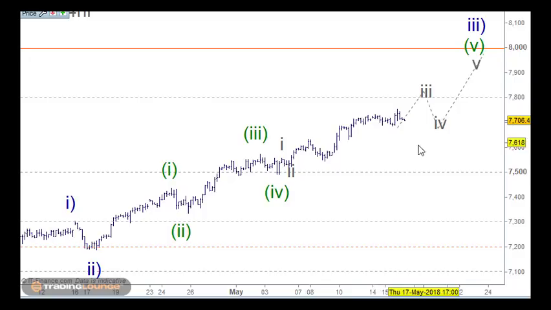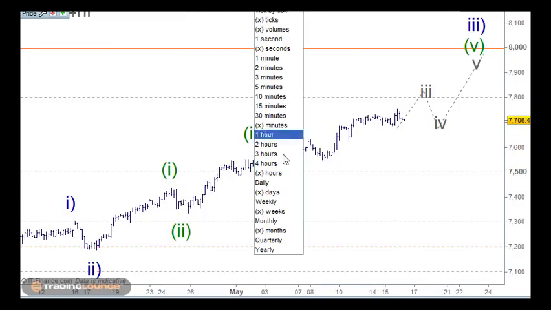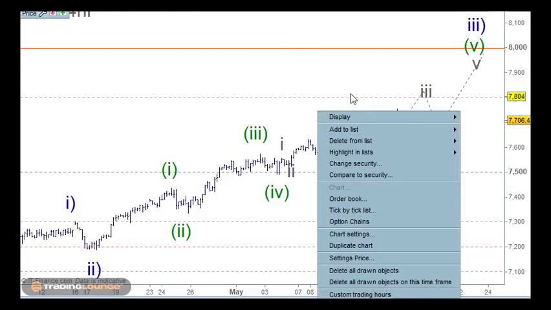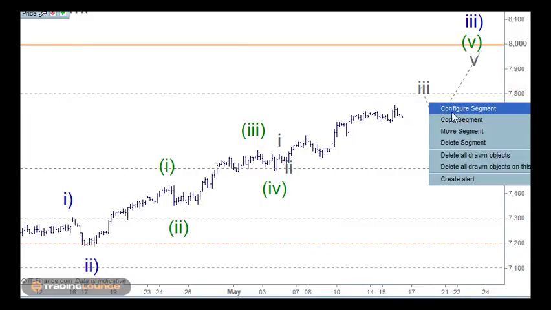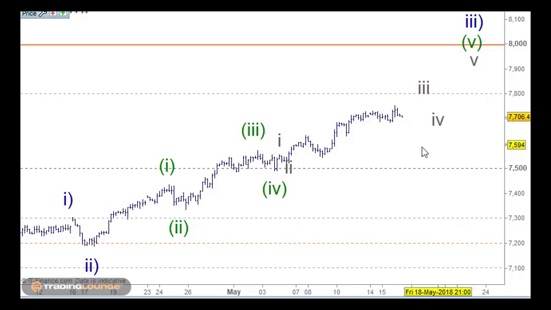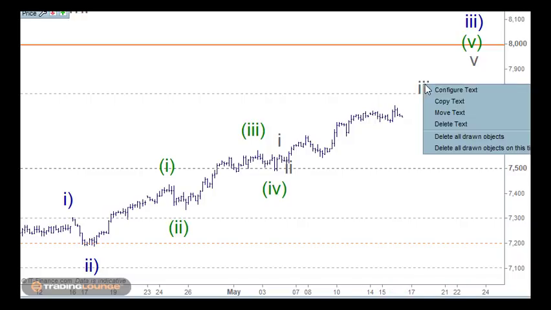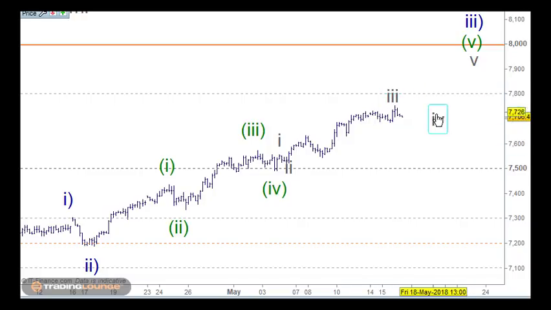So in this case, let me just go to the 1 hour chart for this. It's a little bit rough here. I can see straight away that this is a 4th wave here, and that's a 5th wave ending on here. So it's possible that we have this in play anyway.